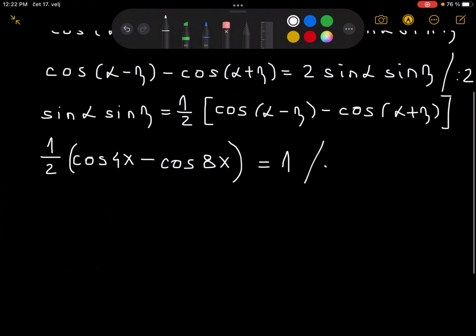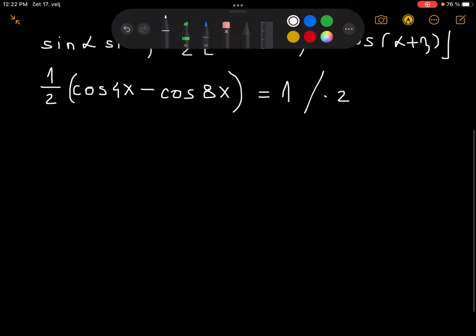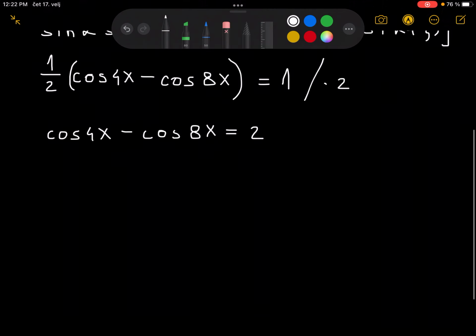Now we can multiply both sides by 2, so we'll get that cosine of 4x minus the cosine of 8x is equal to 2.